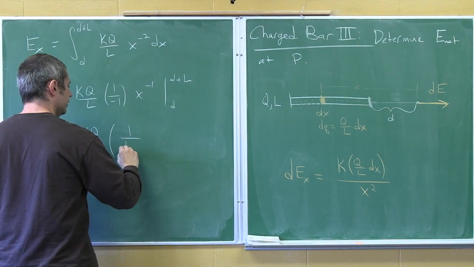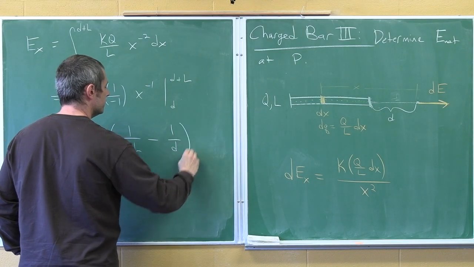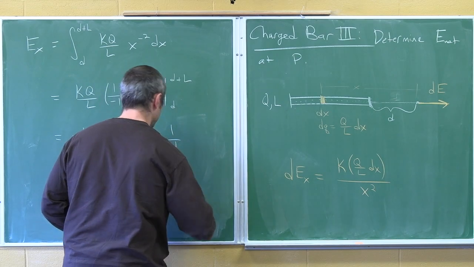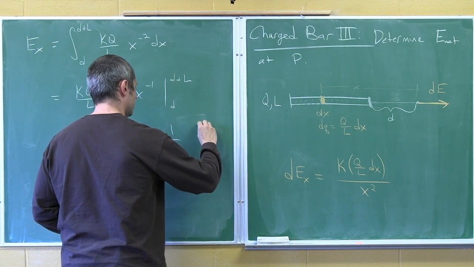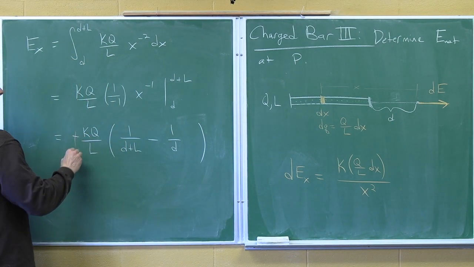One over d plus L minus 1 over d. So actually, let's leave a little space here. So what I'm going to do is distribute this minus sign first.